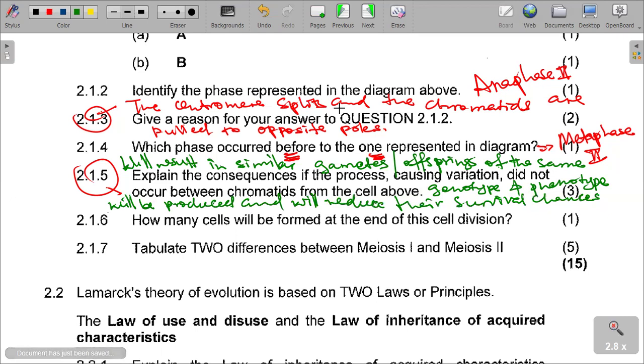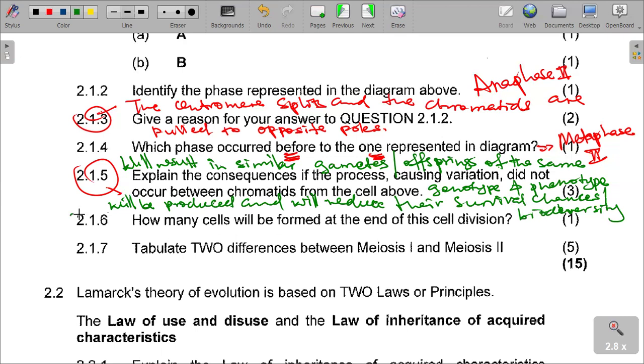At the same time, it reduces biodiversity. I'm sure that you know biodiversity. So if variation is not there, it causes gametes of the same type and offspring that are the same in genotype and phenotype, and eventually reduces survival of the organisms.